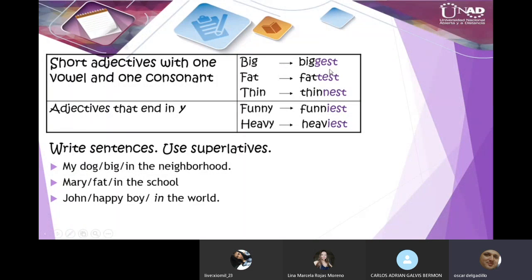Big, biggest, fat, fattest, thin, thinnest. And if the adjective ends with y, we drop the y and we add iest. Funniest, heavy, heaviest.